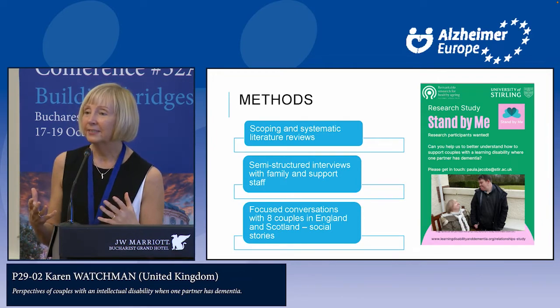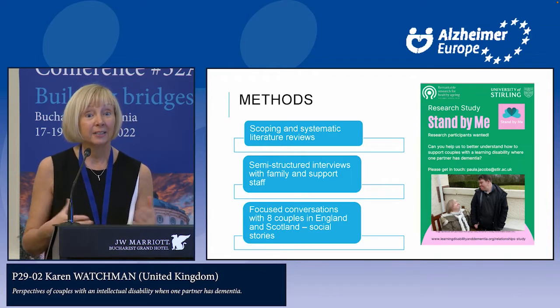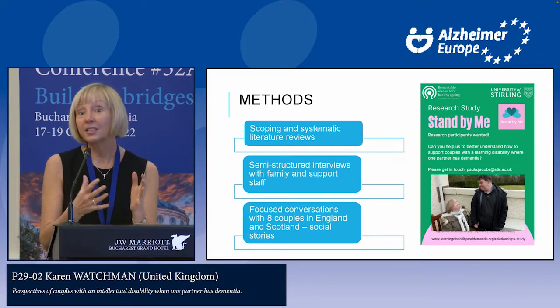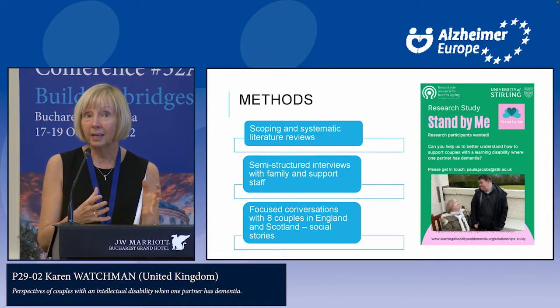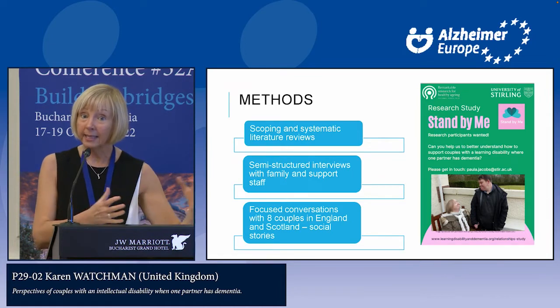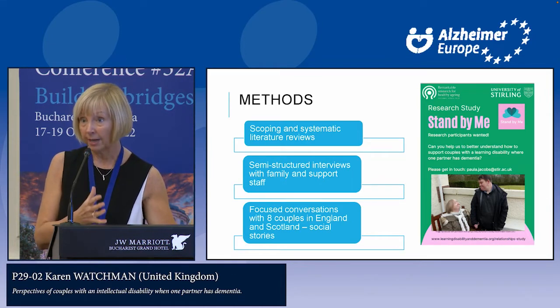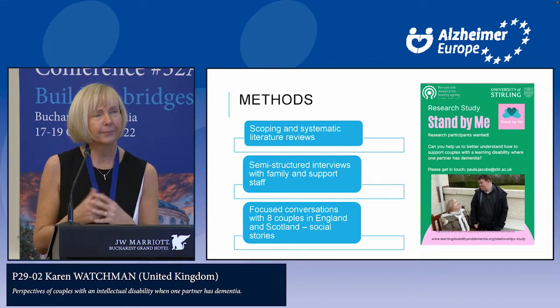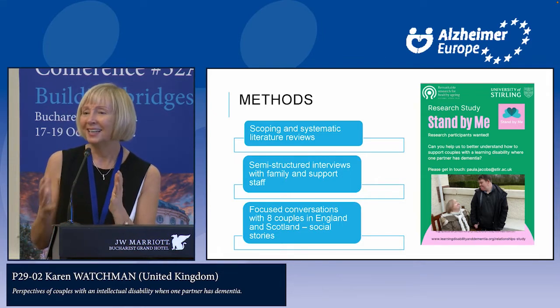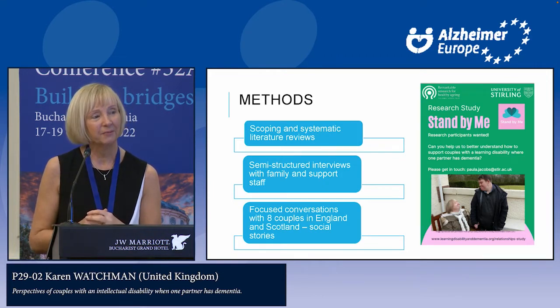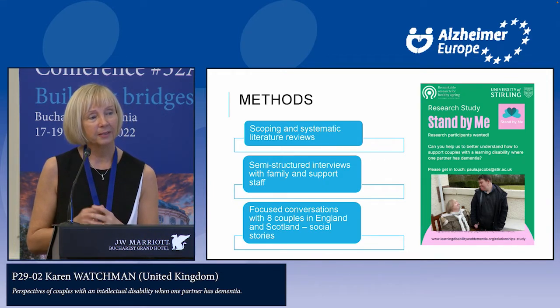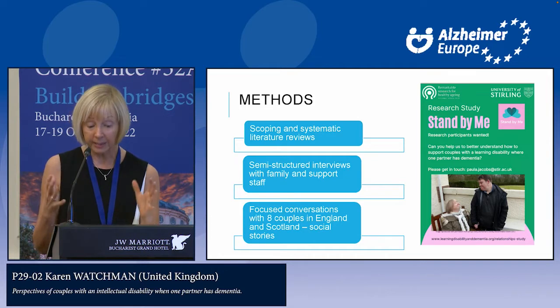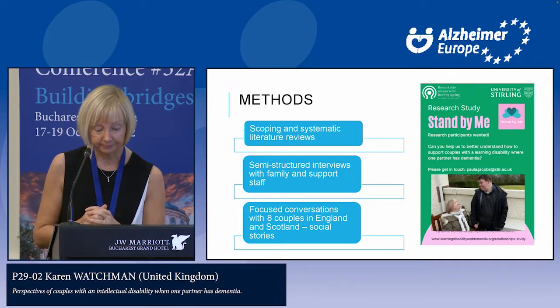And as I said, a couple of the partners had died, so part of our ethical criteria was that if the partner had died, there had to have been a considerable time frame since that happened. It will always be raw, but it wasn't within a close time frame of the data collection. So there were a number of factors we had to consider.